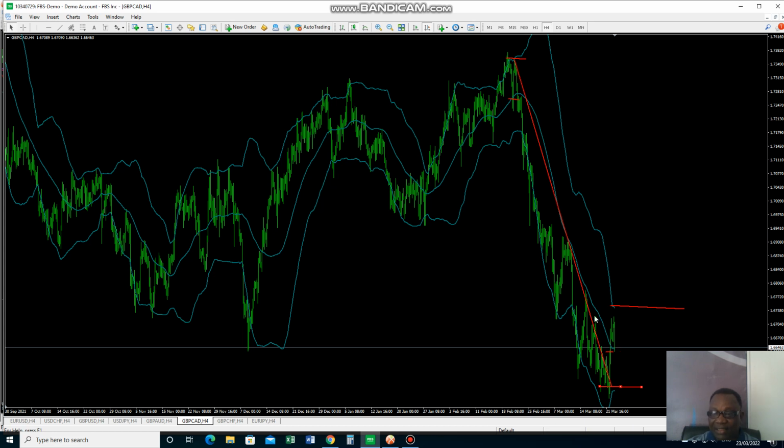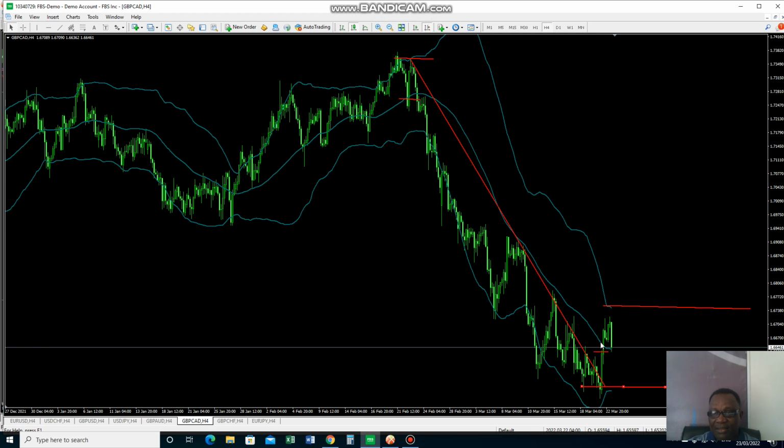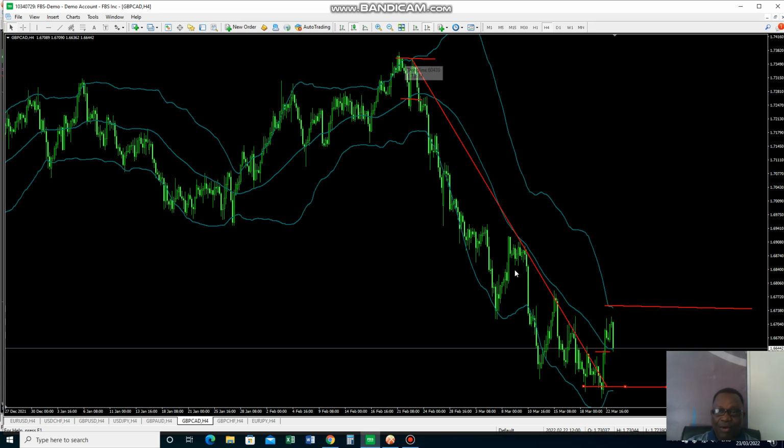Then secondly, once the price in 4 hours breaks the middle Bollinger Band and closes above it, then you'll be preparing to buy. At this rate, this market is oversold. Market trending down here, Pound AUD is being oversold.